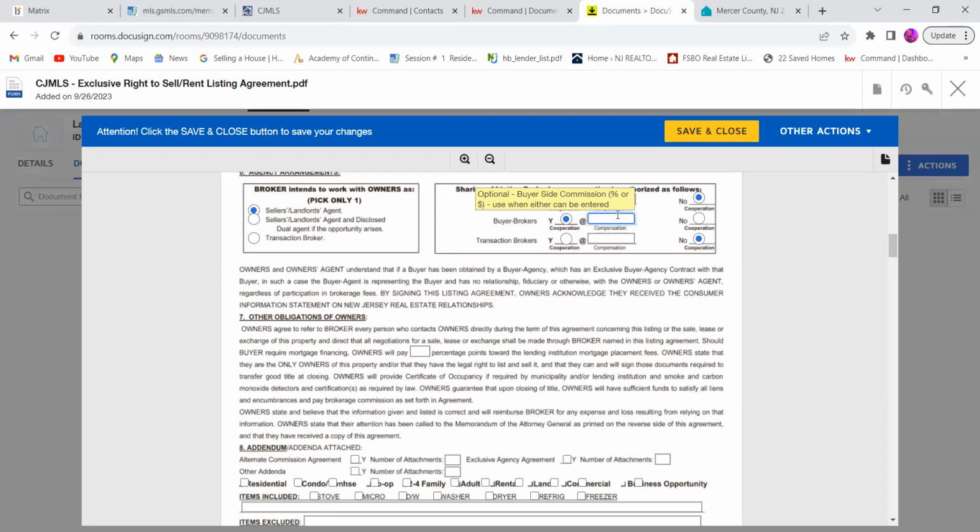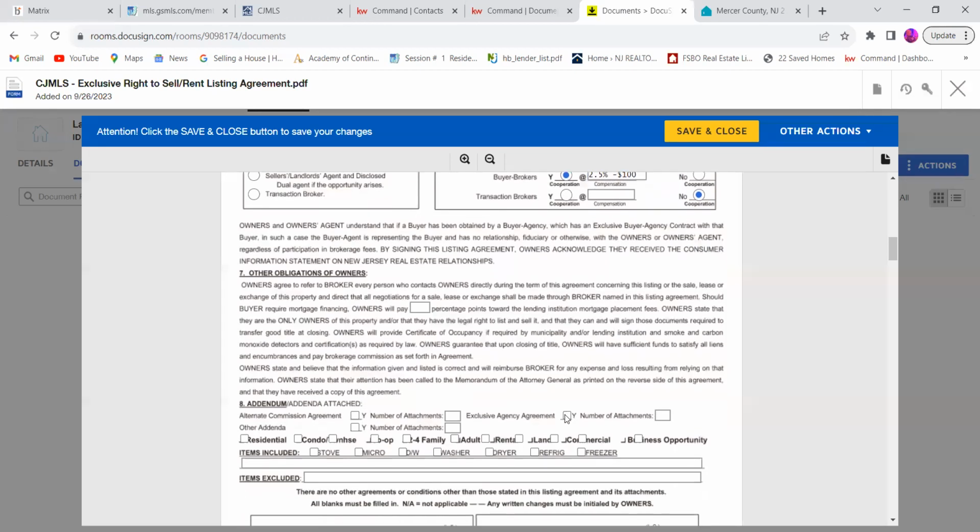So then we're going to put our compensation here, which is 2.5%. And then you hit minus 100. Right? And that's what you're paying. That's your commission to your buyers.